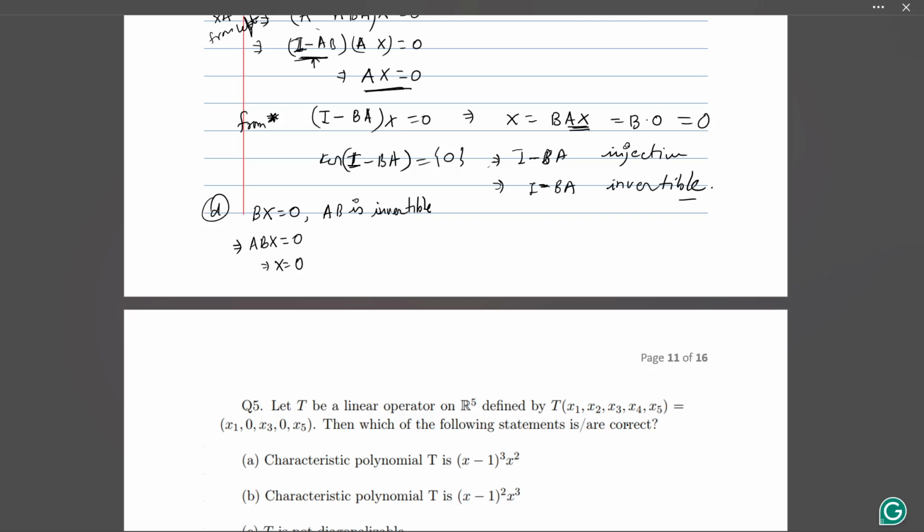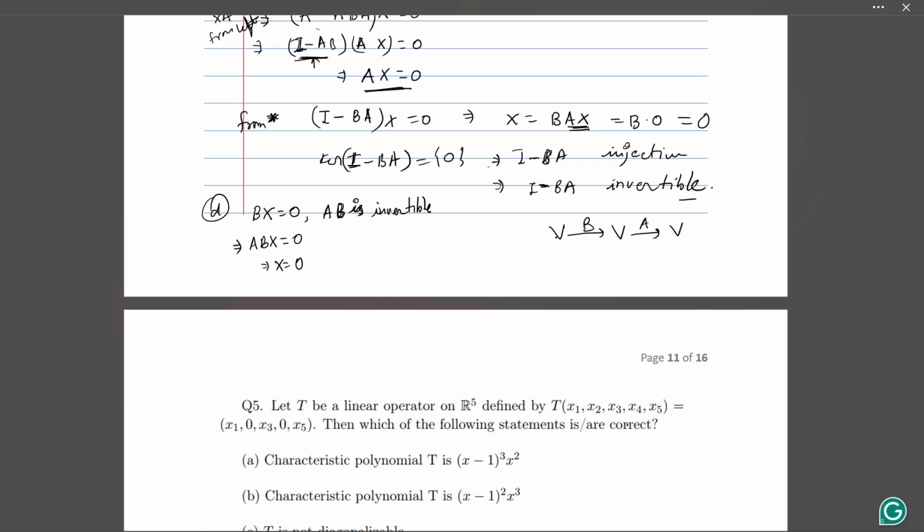Okay, AB is invertible. Then the claim is B, BA are both invertible, right? How? B represents this map from Fn to Fn. A represents this map Fn to Fn.